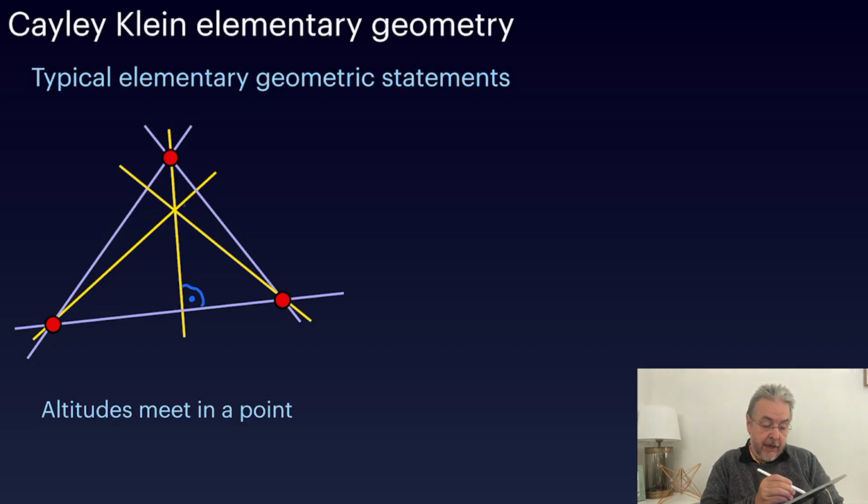And if you consider all 3 such lines, you will find out that they always will meet in a point. We will see that this has a generalization in Cayley Klein geometries with some interesting twists. We will see that in a moment.